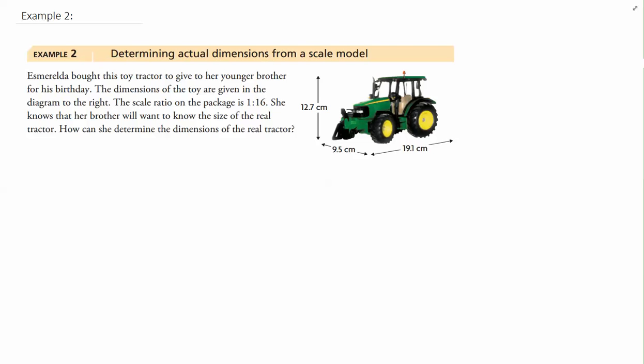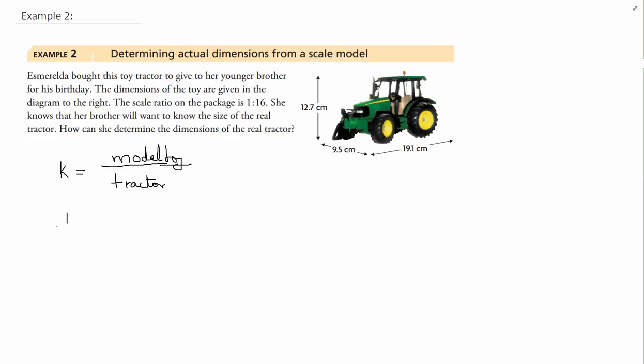So remember that our scale factor is the reproduction, in this case the toy model, over the tractor itself. And so we're told that our scale factor is 1/16.